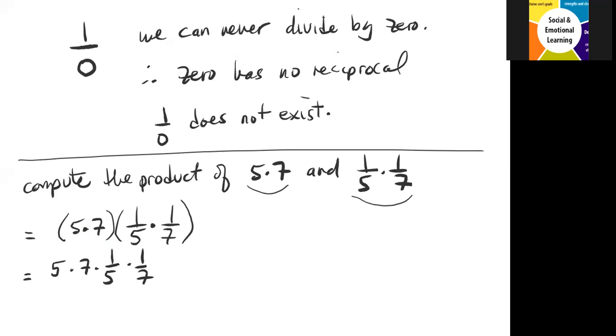Now that we have it written without the brackets, maybe we could choose some pairs to get multiplied together. I could multiply 5 times 7 and get 35, but maybe it would be more helpful to multiply 5 times 1/5.